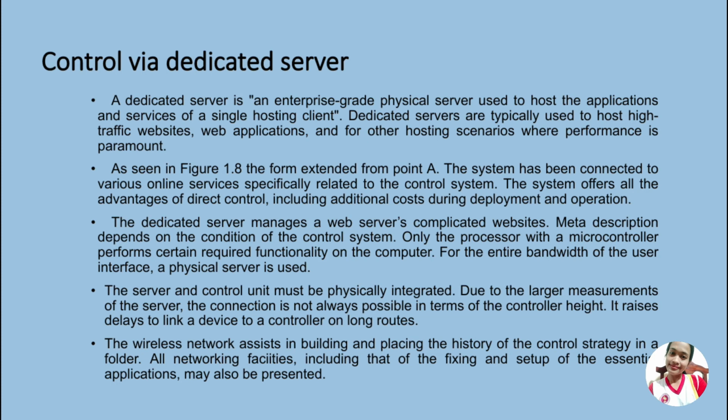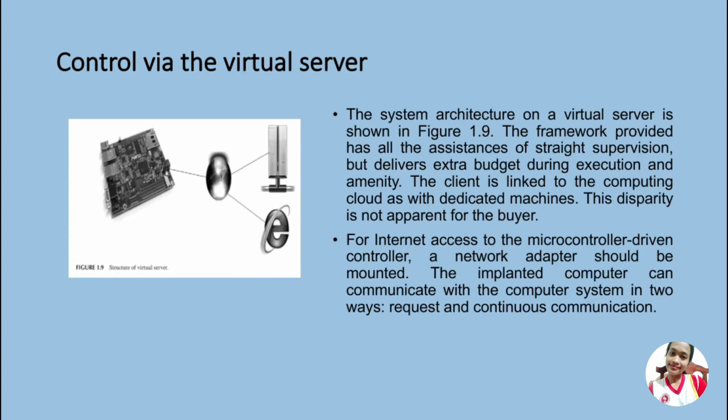It raises delays to link a device to a controller on long routes. The wireless network assists in building and placing the history of the control strategy in a folder. All networking facilities, including the fixing and setup of the essential applications, may also be presented.